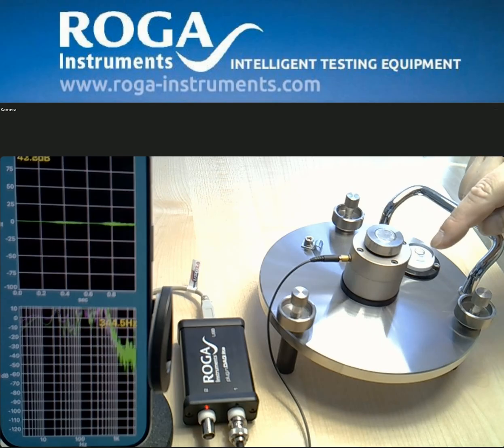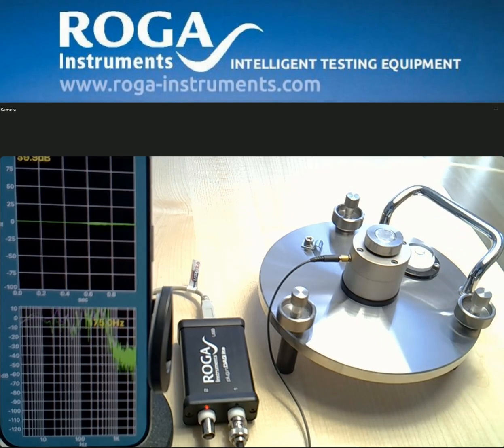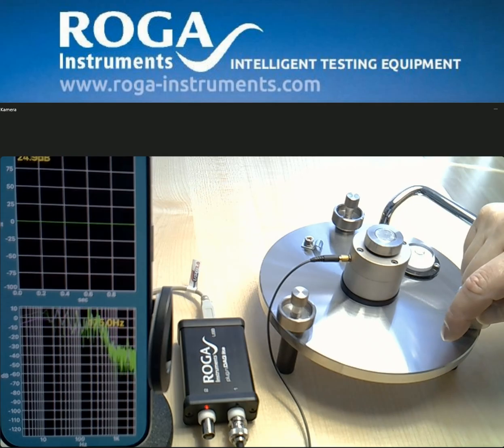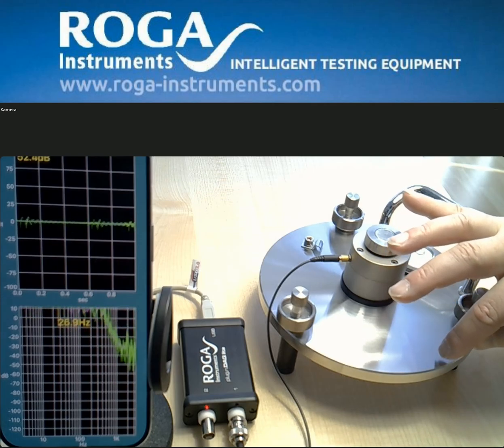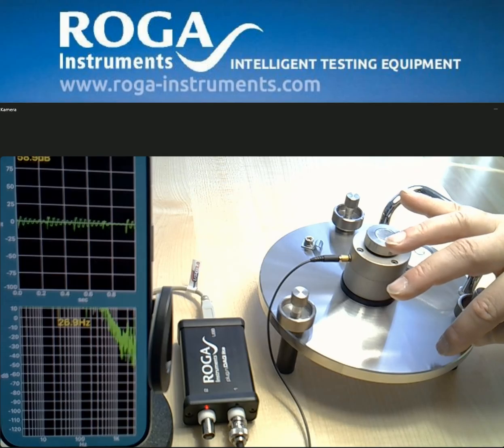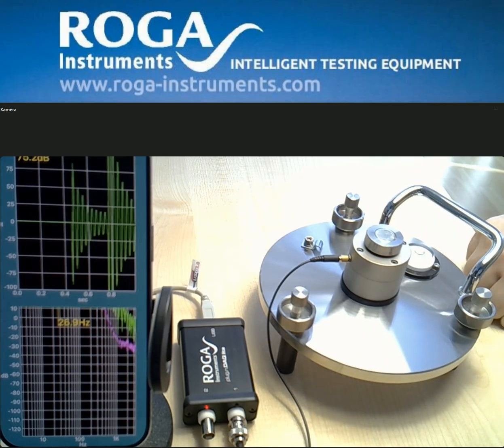I have here a very sensitive accelerometer, with a sensitivity of 10 volt per G and very low inherent noise. So if I knock here, that is already sensed.